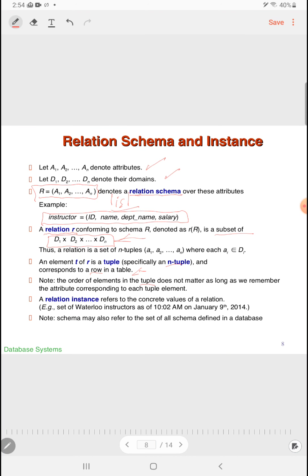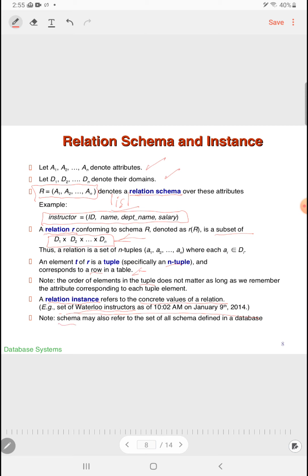So a relation instance, and again, if we go to the Date book, he will refer to this as a relvar, so he won't distinguish a relation instance. That's a relvar for him. But that's the concrete values of a relation. If you will, that is the data in the set. So at a particular moment in time, there was a particular value for the relation schema.